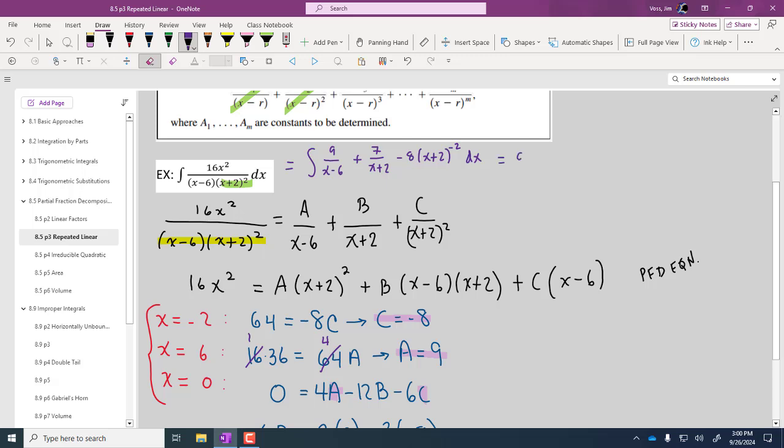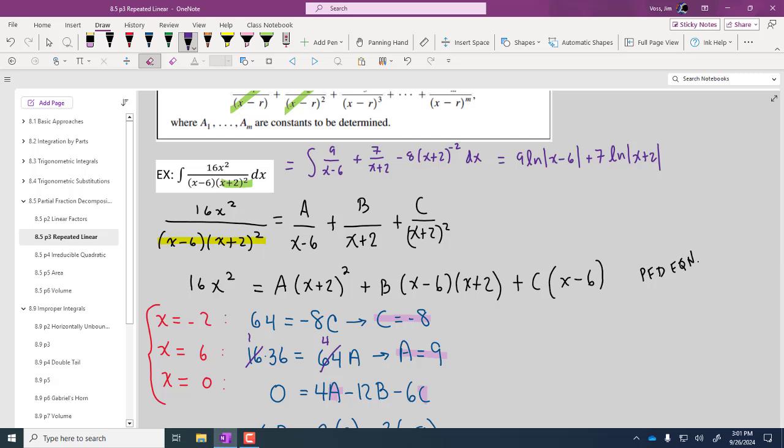This is going to be 9 natural log of x minus 6 plus 7 natural log absolute x plus 2. And then for this one, we have to use power rule. So we add 1 to the exponent, getting a negative 1, and divide by that new exponent.